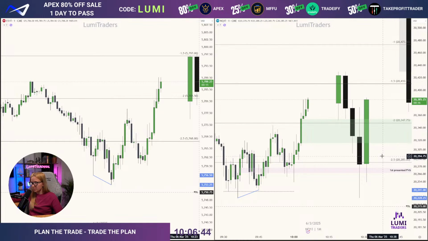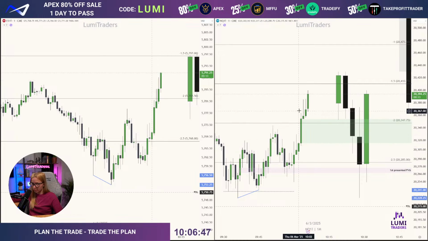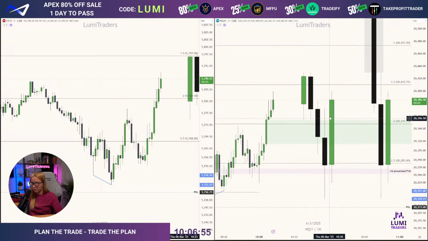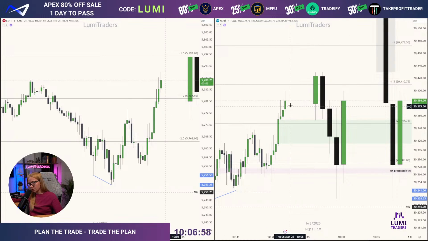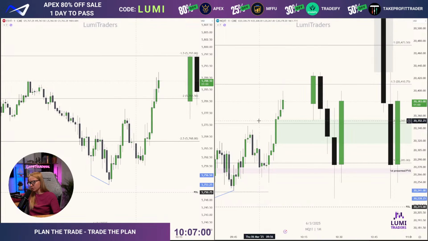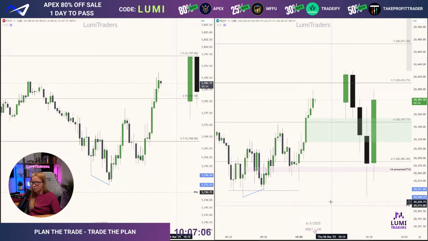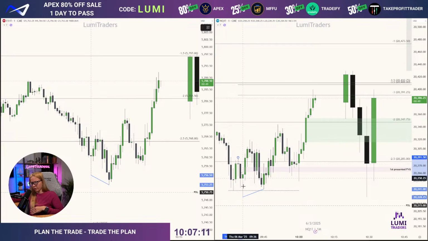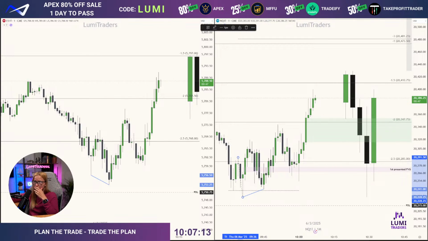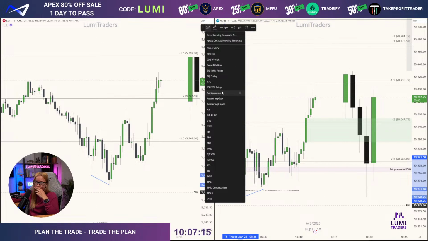So basically, if I anticipate to get 10 a.m. reversal, I would like to see the trace into 5-minute fair value gap because we don't have any right here. The only ones that you can see so far are right here, right? So let's see if this 5-minute fair value gap can be support for us. Okay, for now, standard deviations on NQ is going to be right here, just for now.